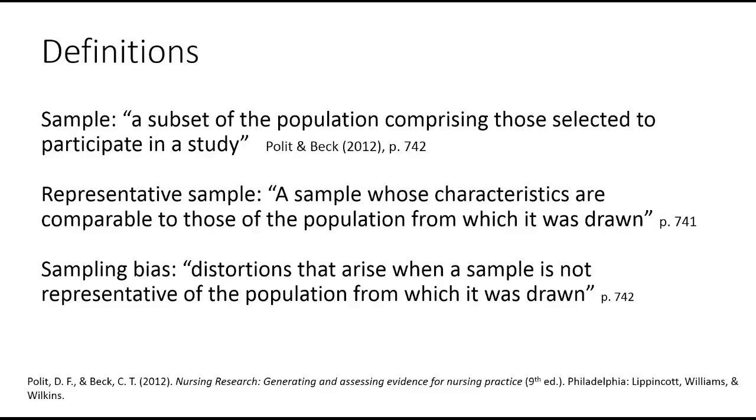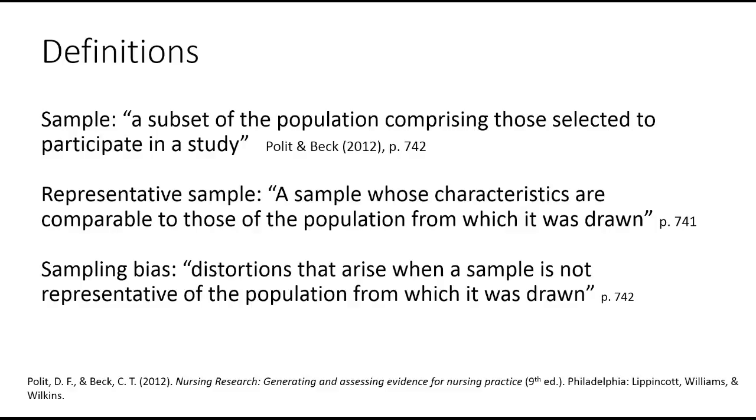Obviously, that's a very large population if we would look at all those people across the United States or even within a state. And so researchers will select a sample that's feasible for a study, and that sample is this subset.